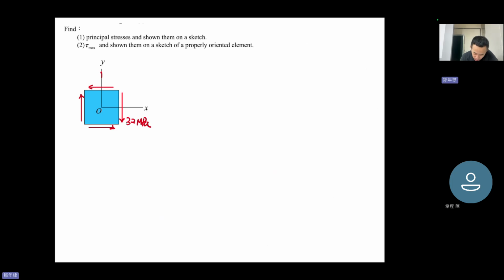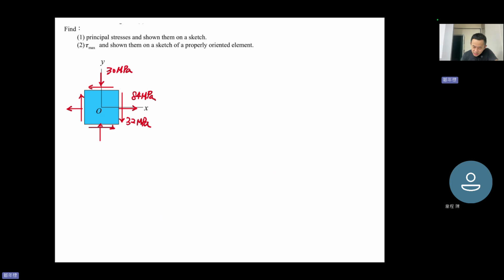And here is 30 MPa, which is compression along the y direction, and 84 MPa along x, which is tensile.